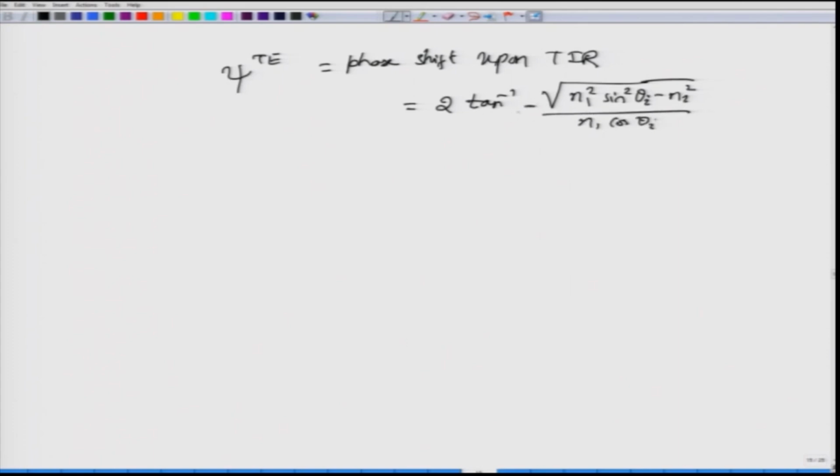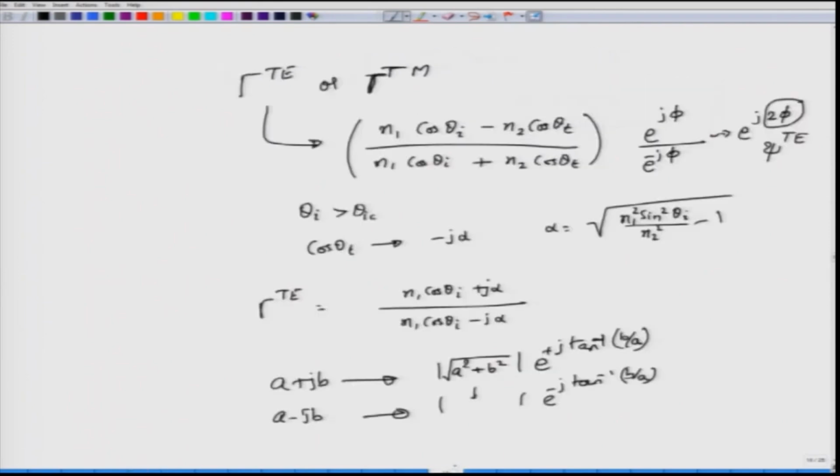Since minus of tan is the same, this can be pulled out and then you can put a minus sign back onto this one. So, this is the expression. Of course, this expression simply comes from this case, right. So, you would have n1 cos theta I plus j alpha. So, it would be tan inverse of alpha divided by n1 cos theta I. There will be a denominator as well, which would be tan inverse of minus alpha divided by n1 cos theta I, and then you can put both of them together and you would have the sum of these two.